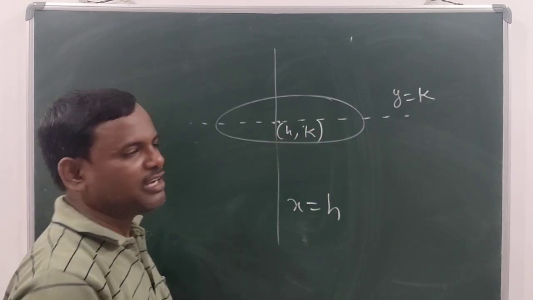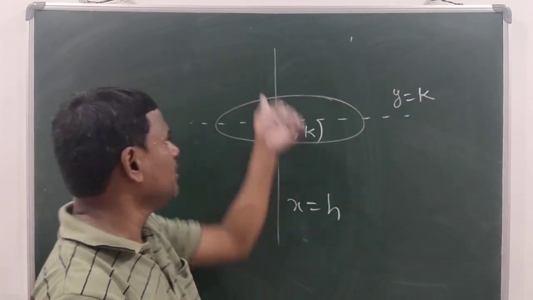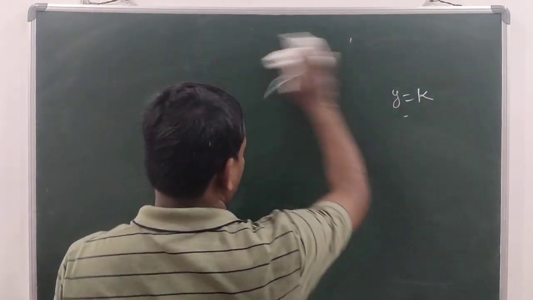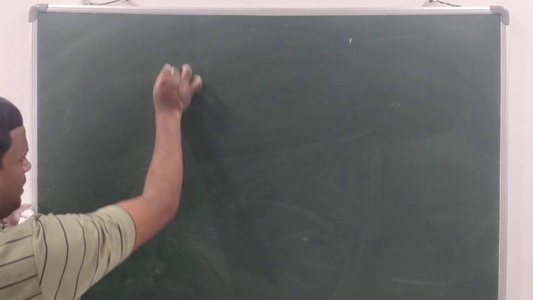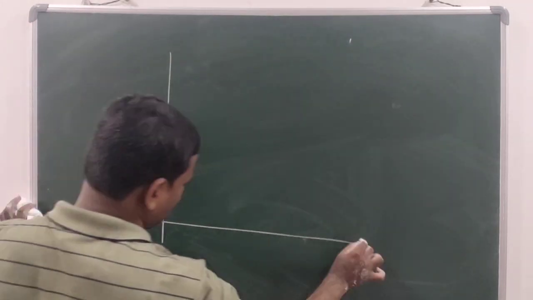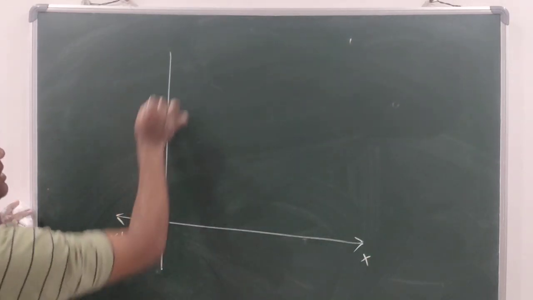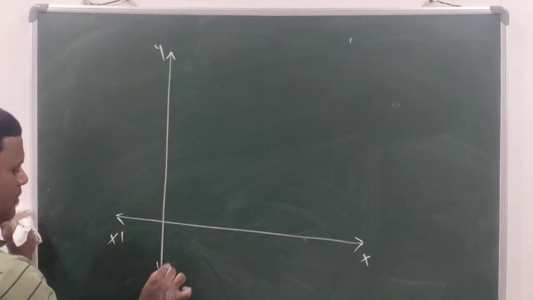The center was h comma k, hence the major axis equation is y equal to k, and the minor axis equation is x equal to h.